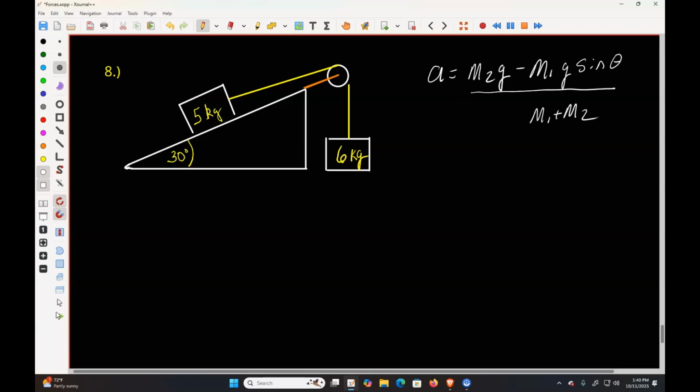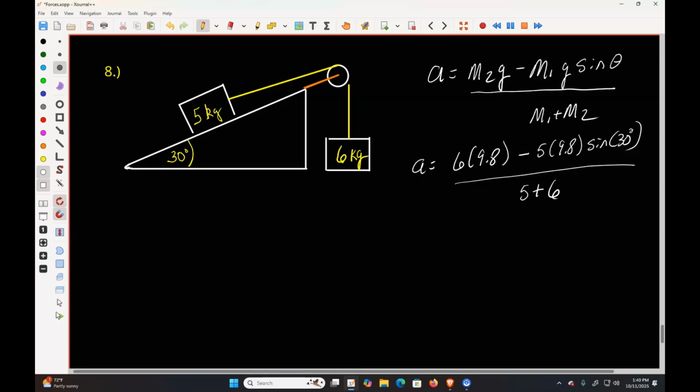So we can say the acceleration then is going to be equal to 6 times 9.8 minus 5 times 9.8 sine of 30 degrees, over 5 plus 6. Acceleration is going to be 3.12 meters per second squared.